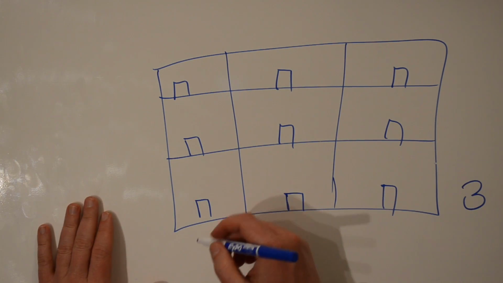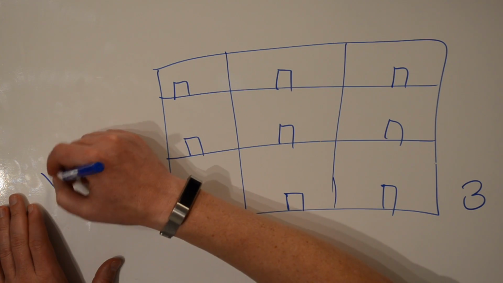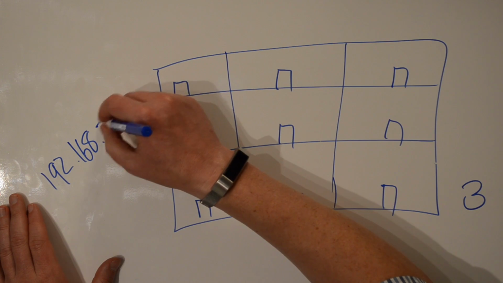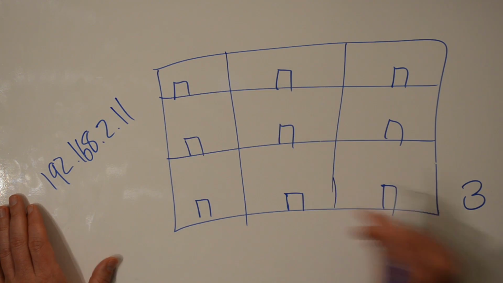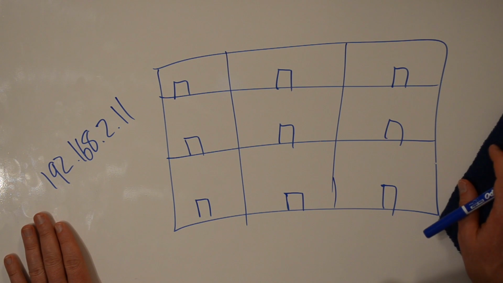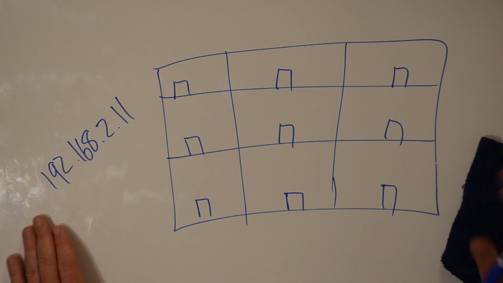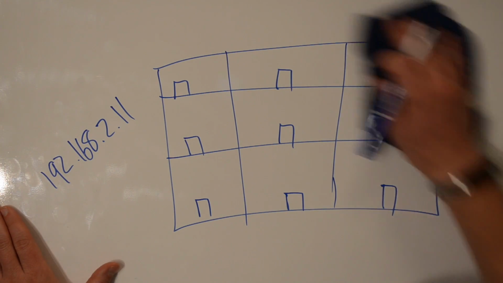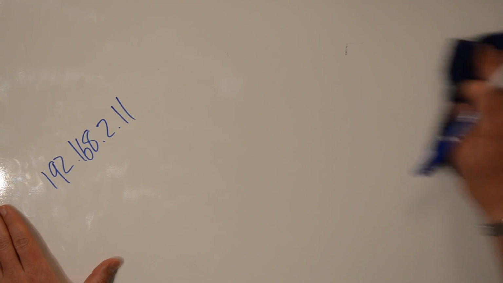So say I have an IP address of 192.168.2.11. That gets me to the computer. But a computer can actually have a lot of different programs on it that are listening for a connection. Those programs are called servers.